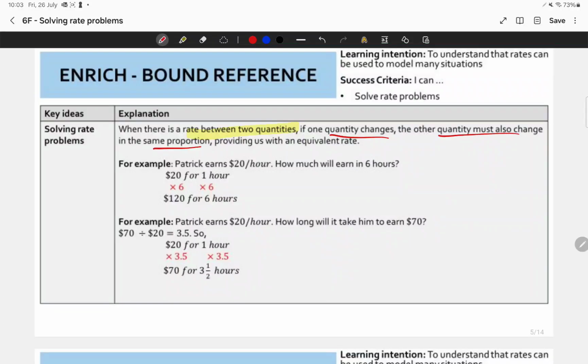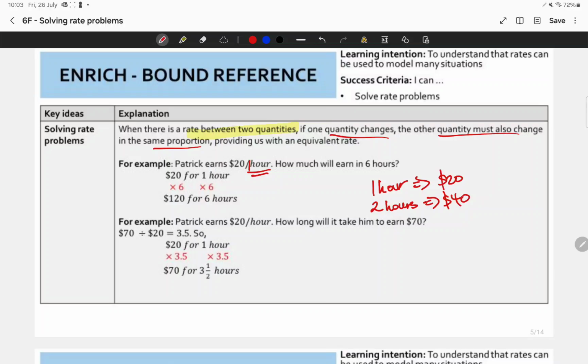So you're going to have the same rate. And when it talks about per hour here, we are going to do it per 1 hour, okay? So every 1 hour that changes, it's going to be $20 that you earn. Therefore, if it's 2 hours, it'll be $40 that you earn, okay?